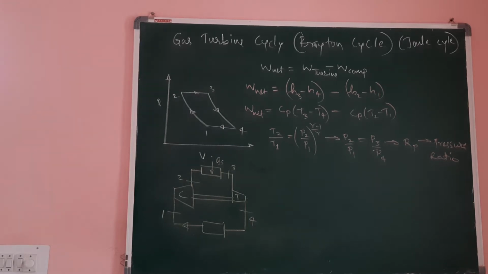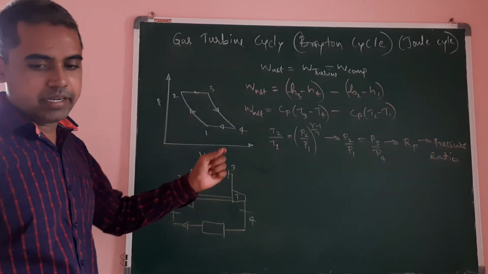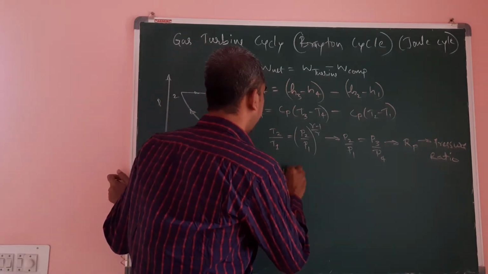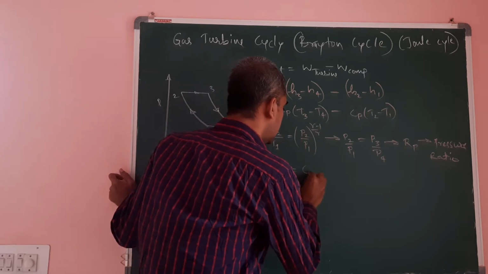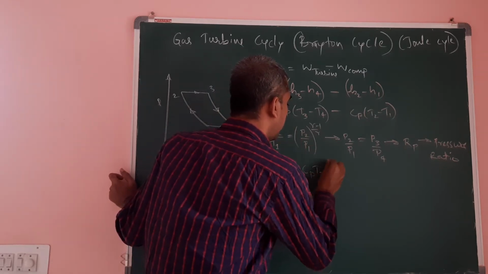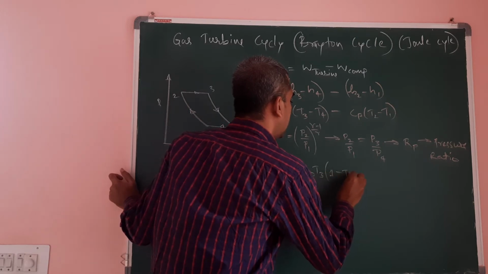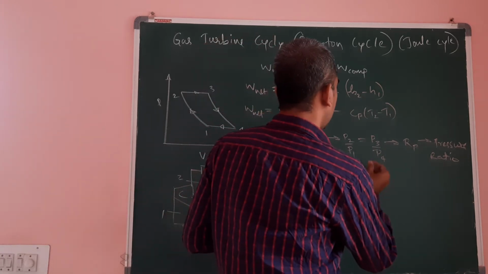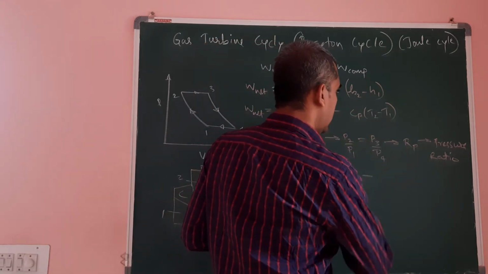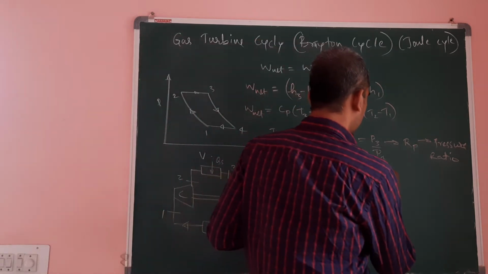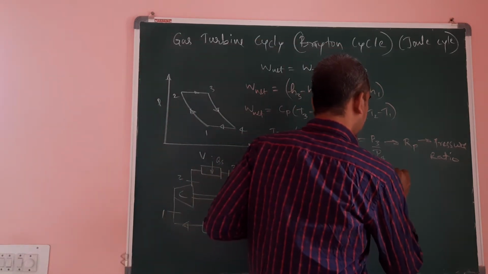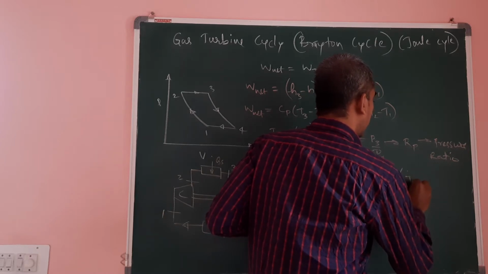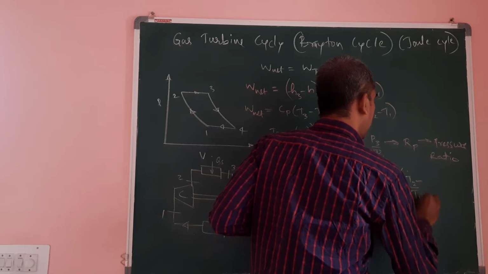If I take T3 common in the first term, W net is equal to Cp into T3 into (1 minus T4 by T3), minus, if I take T1 common in the second term, Cp into T1 into (T2 by T1 minus 1).